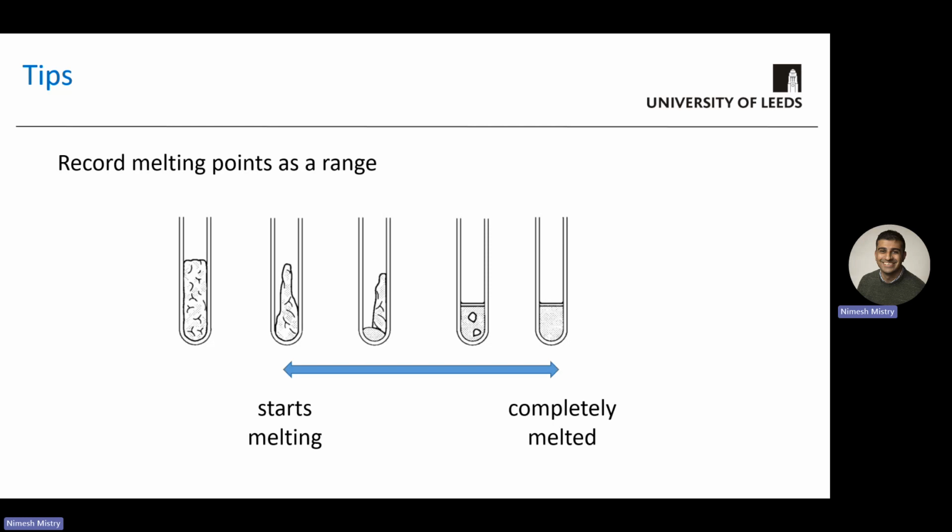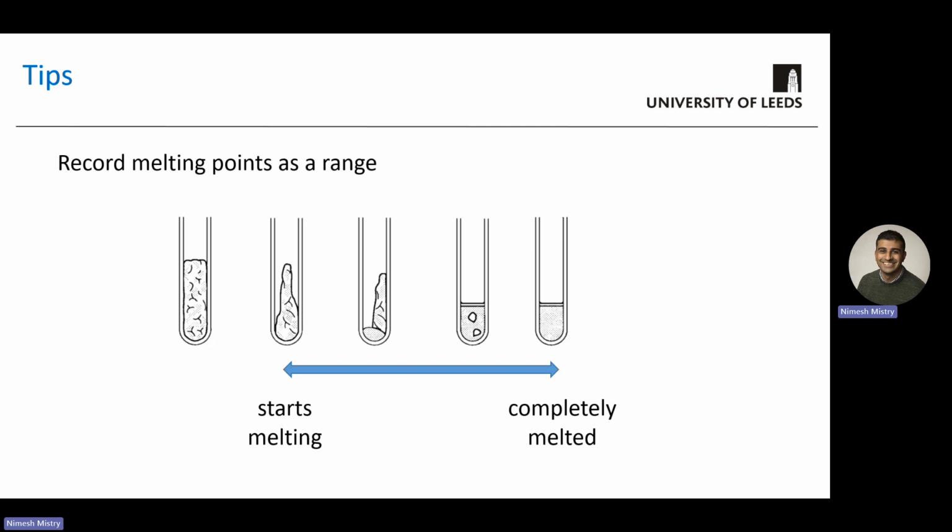It's a melting point range. When you start seeing the sample start to melt, that's the first temperature that you record, up to when it fully melts into a liquid. That's the final temperature that you record. What you need to record in your lab book is this melting point range, from the first melting to when it's completely melted, rather than a single point.